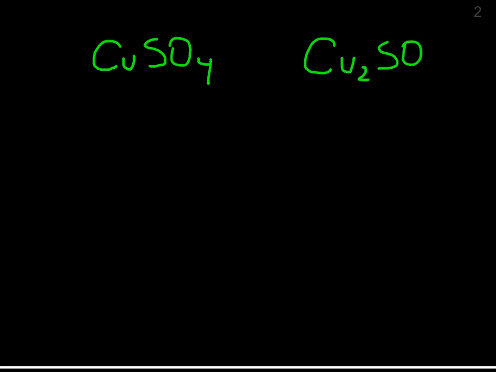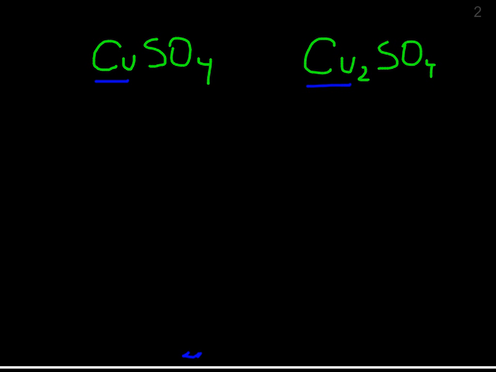This time I'll do an example with two copper compounds. In one case, we're going to use CuSO4. In the other case, it's going to be Cu2SO4. Now, copper is a transition element, in the midsection of the periodic table, and it can have multiple charges.